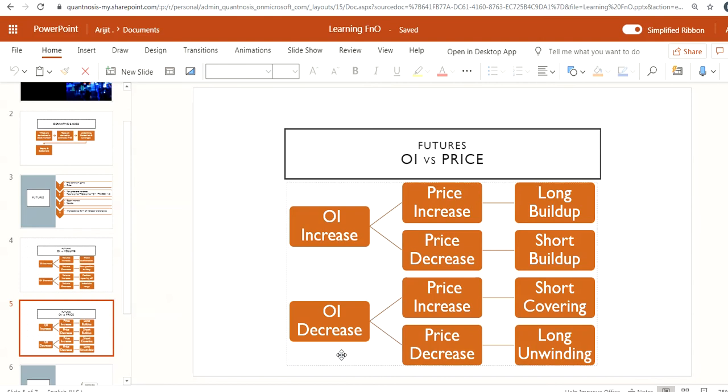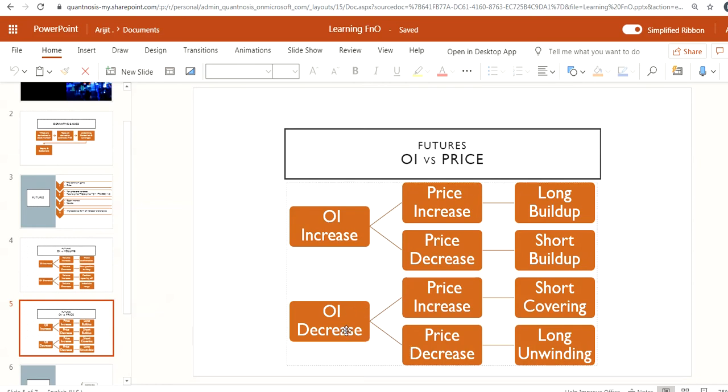If there is a decrease in open interest and an increase in price, then it is said that short covering is happening, which means people who already have short positions are squaring up their positions, so they are covering their shorts.